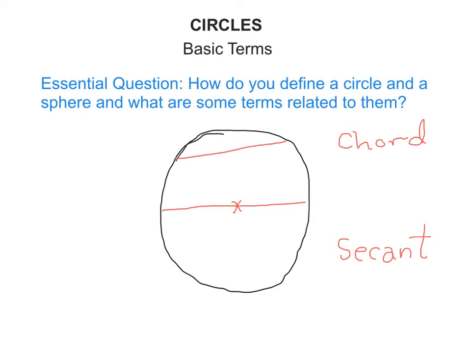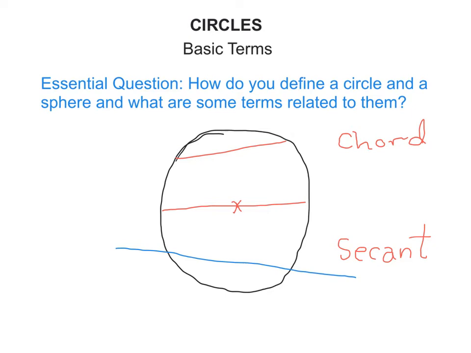Remember the difference between segment and line. So a secant is this right here. A secant basically cuts through the circle. It doesn't stop at the circle, it cuts through it. So that's what we refer to as a secant.